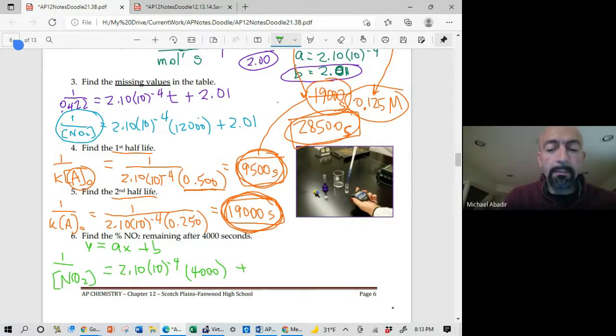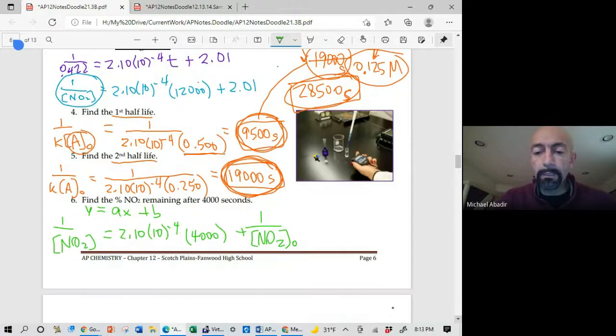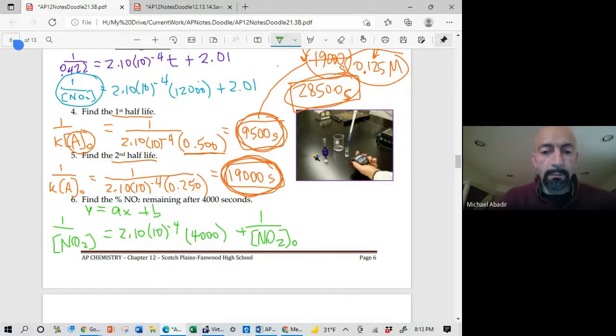And then the intercept was, we know it was 2, but I'll just put 1 over the original concentration. Okay, so let's just get this all in here. We know that this whole thing is equal to 2.01 according to the calculator.